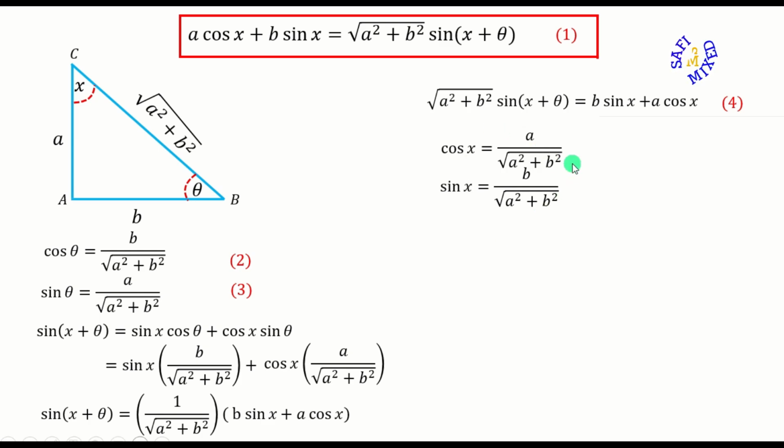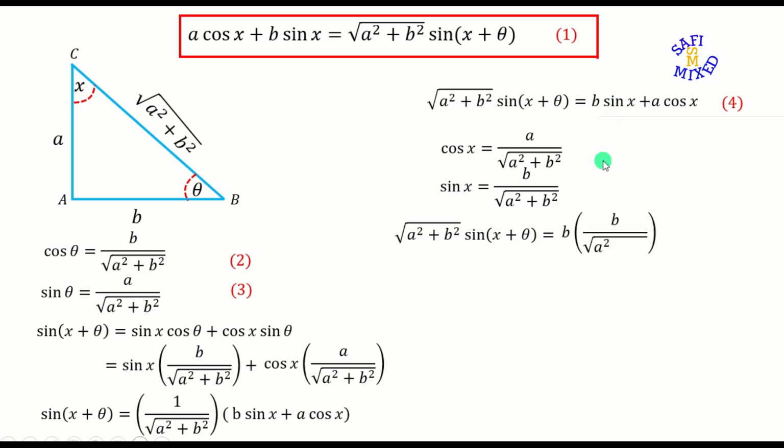If I substitute these values in the right side of equation 4, I can write equation 4 like this. B at its own position, and I'm putting the value of sine of x, which is b divided by the hypotenuse, and similarly a at its own position and putting the value of cos of x, which is a divided by the hypotenuse.